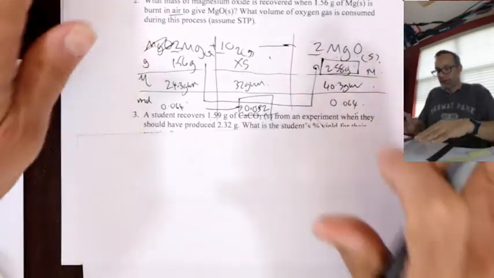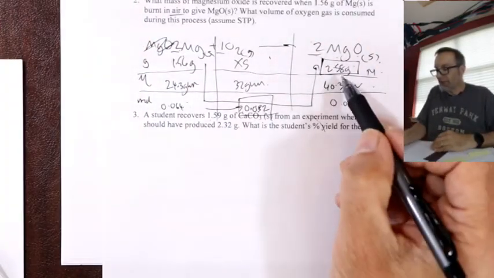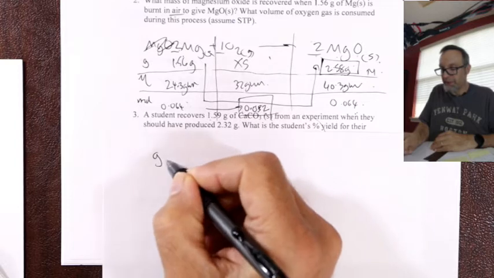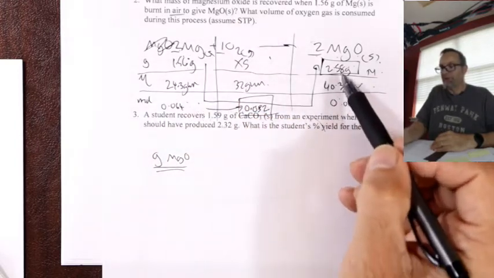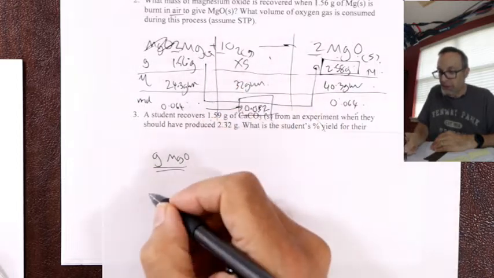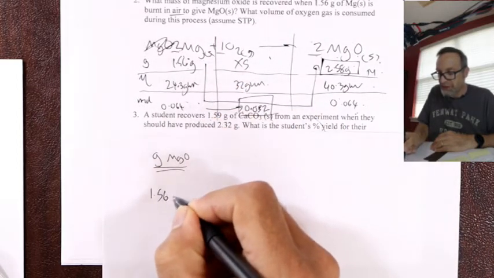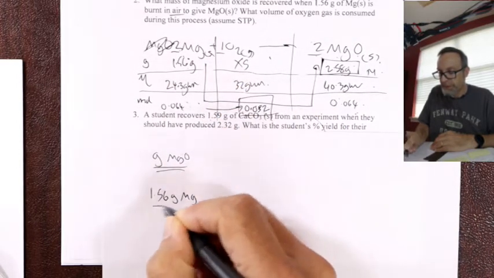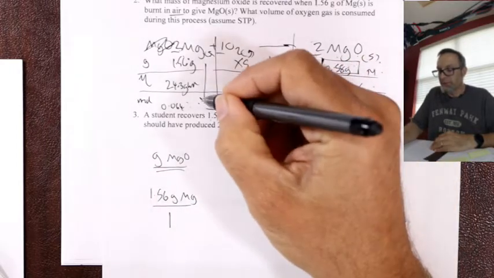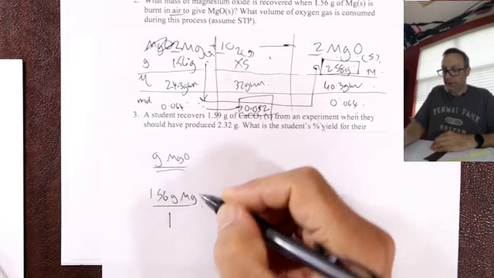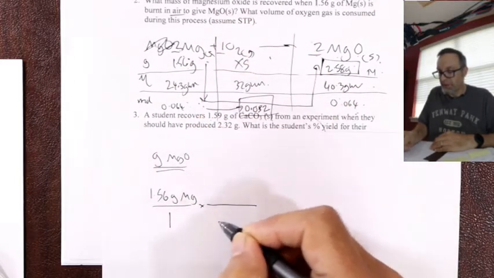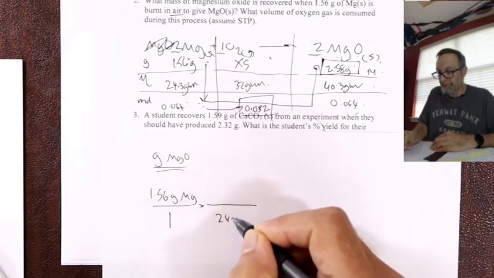So let's say I want grams of MgO in this second question. I'm going to start with 1.56 grams of Mg and go to moles. How do I do that? Well, divide to go down. I'm really multiplying by 1 over 24.3.